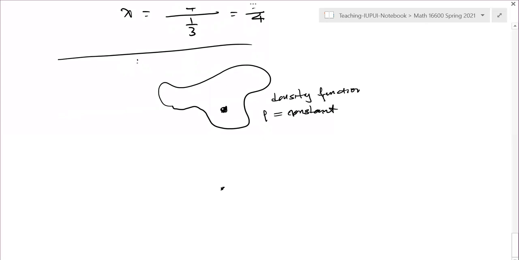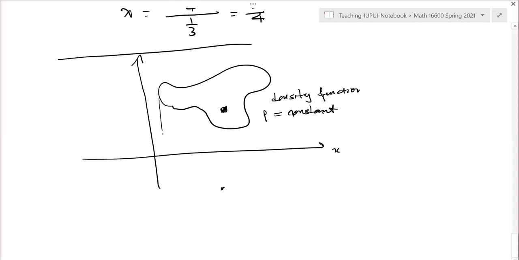The idea is as follows. This is the x-axis, this is the y-axis. You project this whole region onto one line. Then you will see that you get a density function, because some places are much heavier.